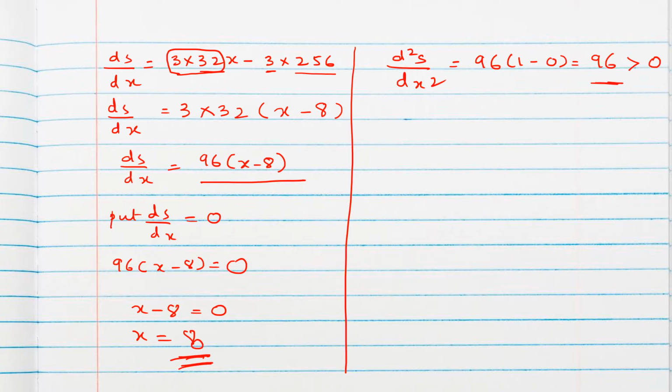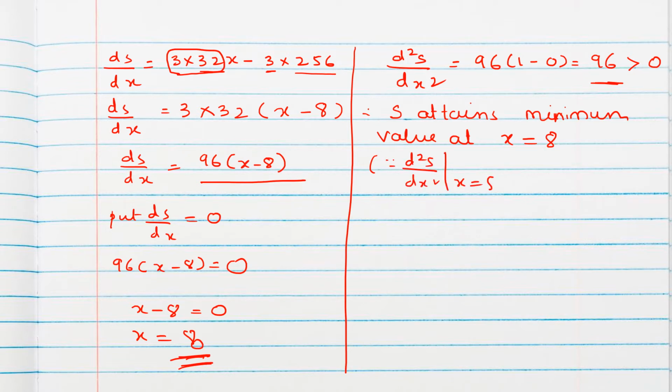Therefore, S attains its minimum value at x equal to 8, because at x equal to 8 also it will be positive.